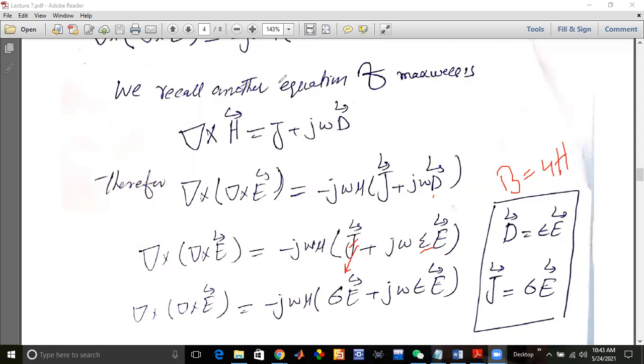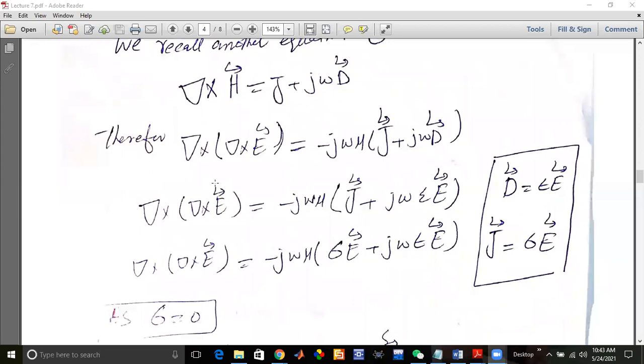Now we want to derive the equation for the lossless medium, and for a lossless medium the conduction sigma is 0. So we write this quantity as 0.